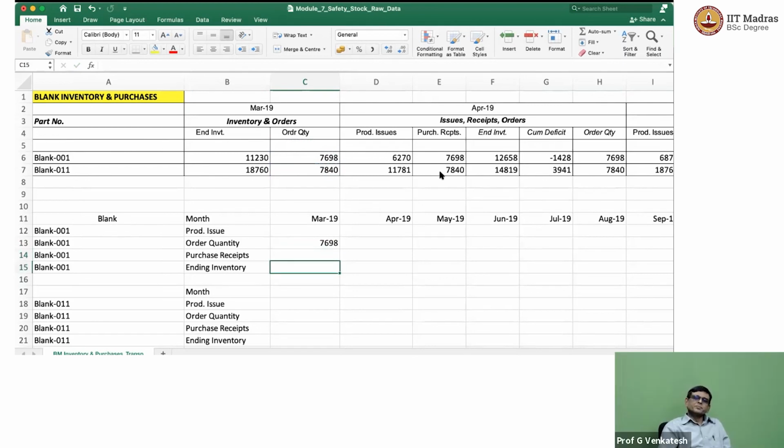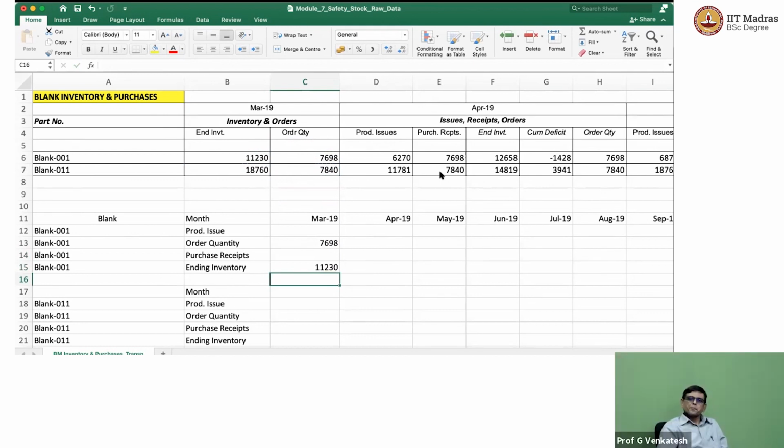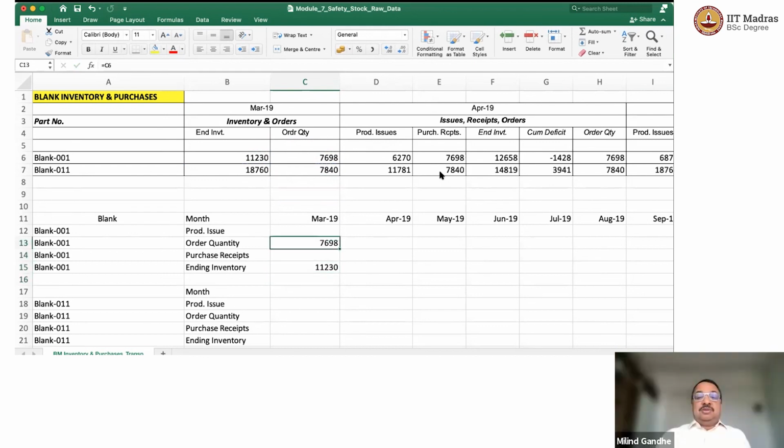Correct. And ending inventory, we know. So March, we have to populate anyway. It's a special case. Let's populate it. Now, let us figure out how we are going to do April, and then we'll see how to generalize.